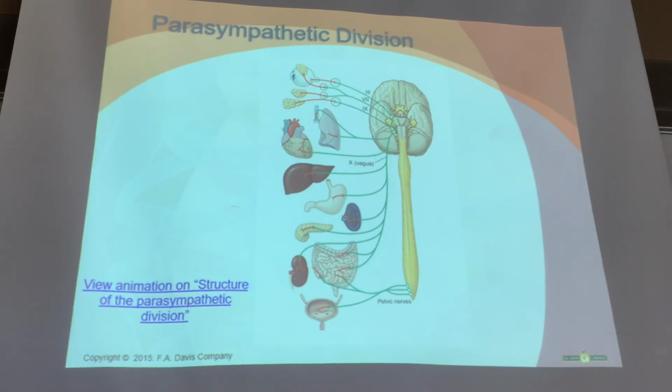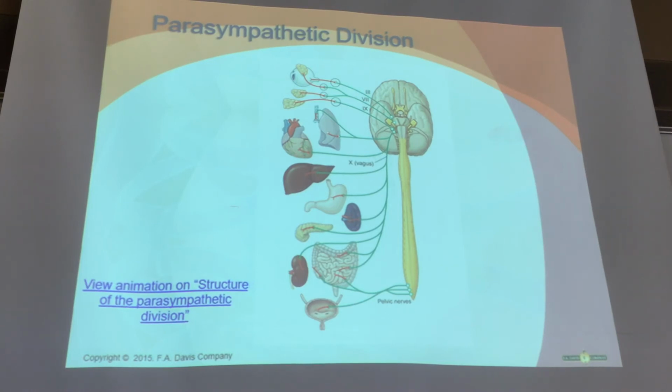And so because those ganglia are more widely dispersed, the parasympathetic division produces a more localized response rather than the sympathetic division. When you are going through fight or flight, you want your whole body to respond, and you want it to respond right now, right? Parasympathetic, you're not worried about speed, and so it's going to be very localized.